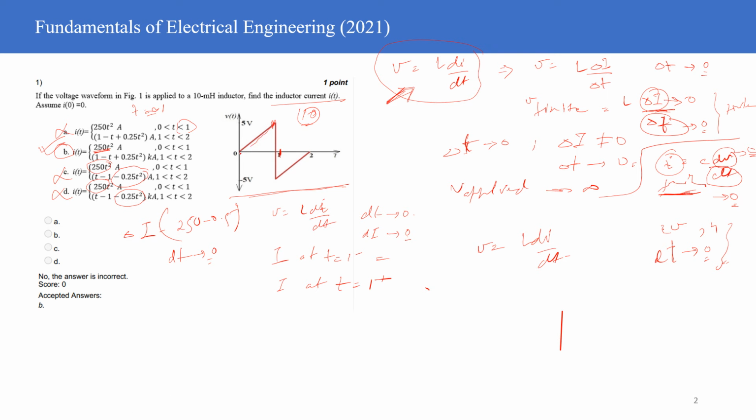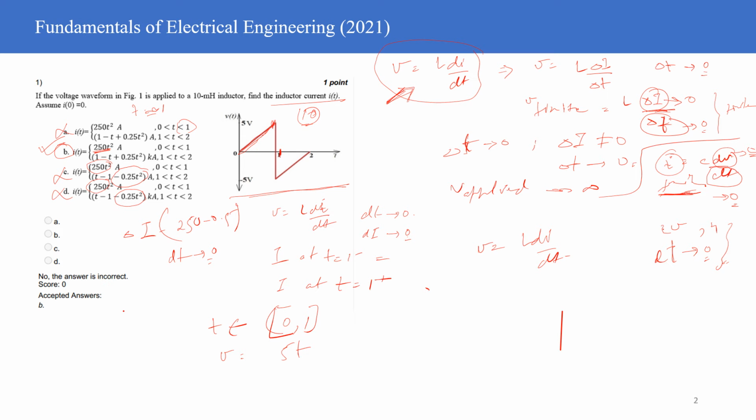In this section, you will see the voltage is equal to 5 times t, for time t belonging to 0 to 1. The voltage is 5 times t, because 5 is the slope.